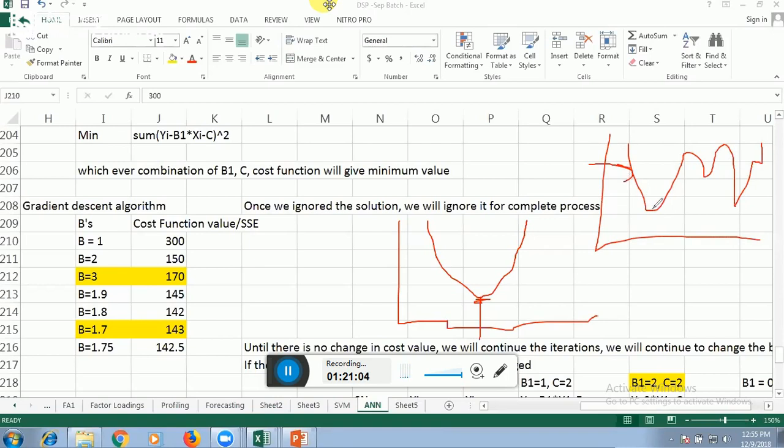That means in this case, how many minimas are there? This is one minima, this is one minima, and this is one minima. There are three minimas. Out of all the minimas, this is my global minima. Global minima means minimum of minimas. And this, you can say, is my global maximum. But these are all what we call local minimas. This is the global minimum.